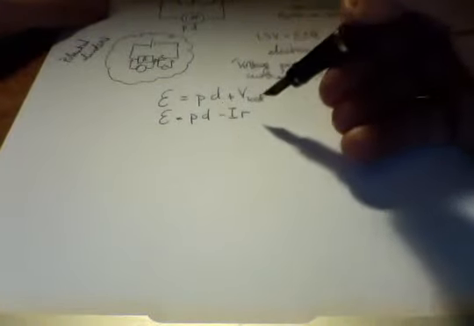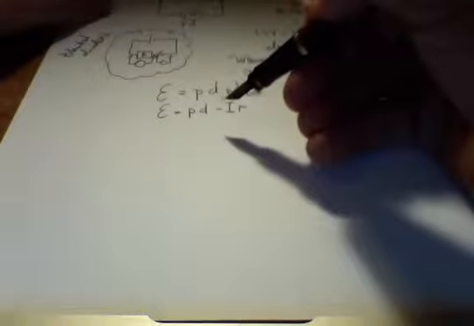So what we need to do is look at how these two compare. First I'm going to show you what would happen if this is our total EMF that's provided. Let's say this is our value for our EMF.